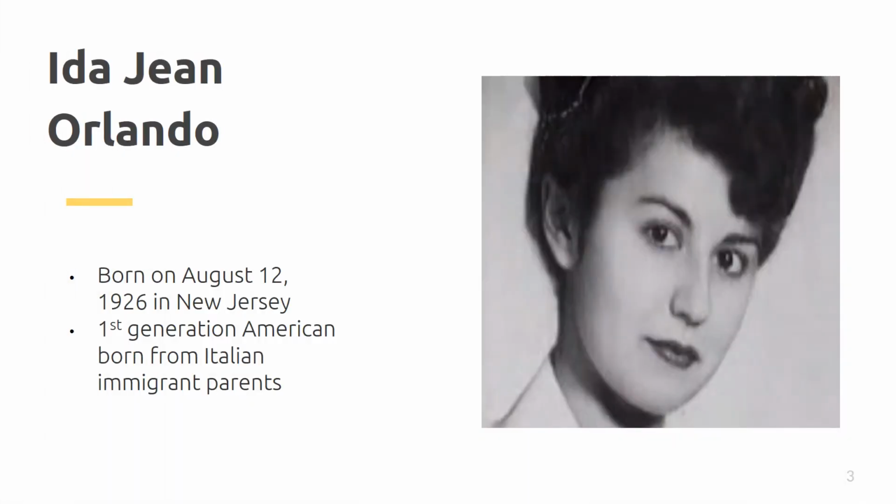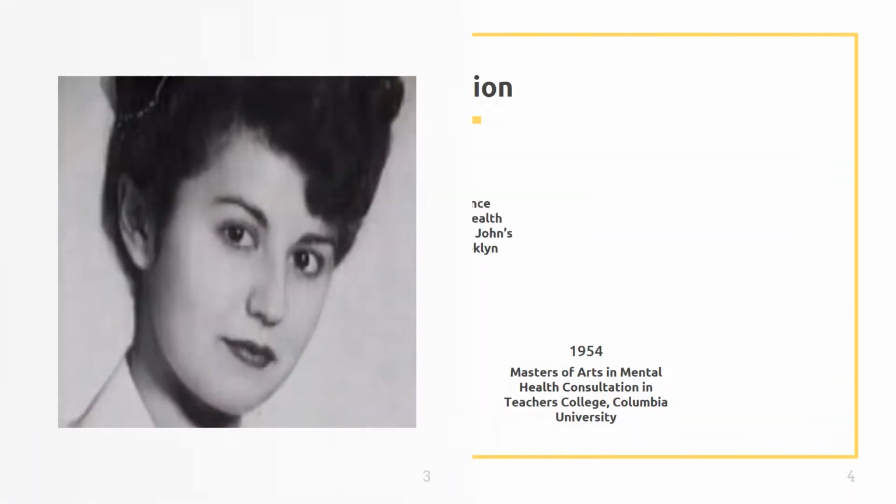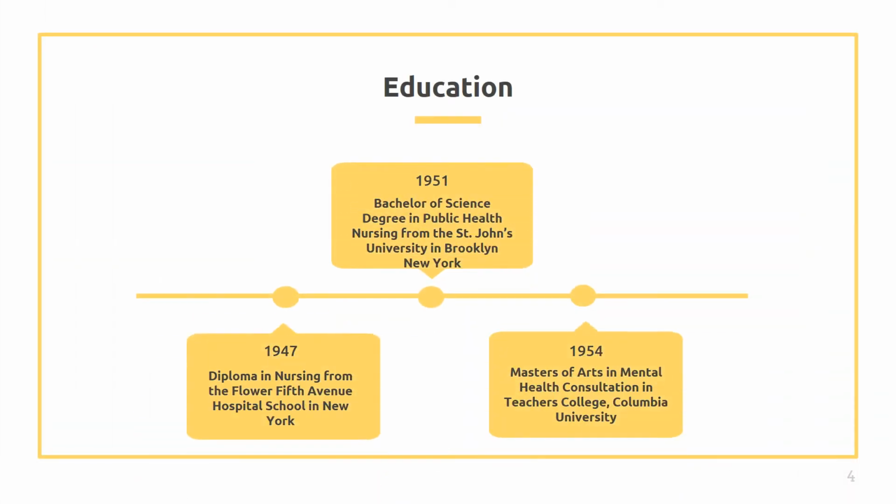Ida Jean Orlando was born on August 12, 1926 in New Jersey. She was a first-generation American born from Italian immigrant parents. In the year 1947, she gained her diploma in nursing from the Flower Fifth Avenue Hospital School in New York.